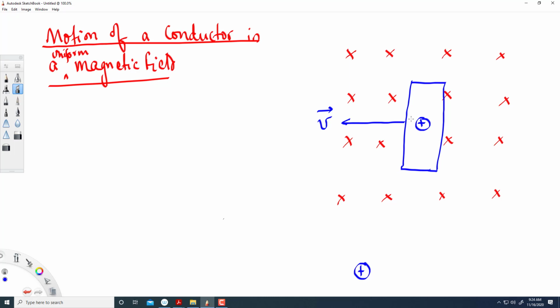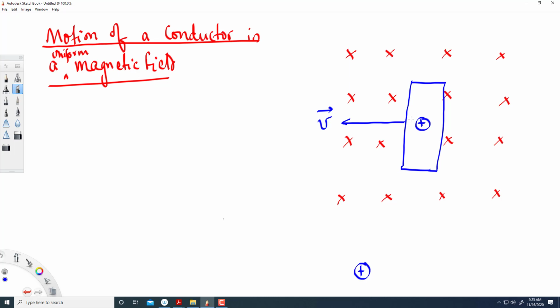So use this finger for the direction of the motion or direction of velocity, and this one for the magnetic field. Magnetic field is not out, so I need to do it like this. So my finger to the motion, my middle finger goes to the magnetic field into the page, and my thumb is the force, so down.